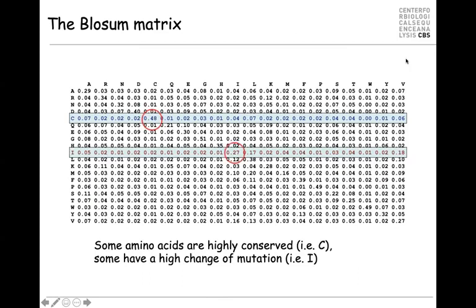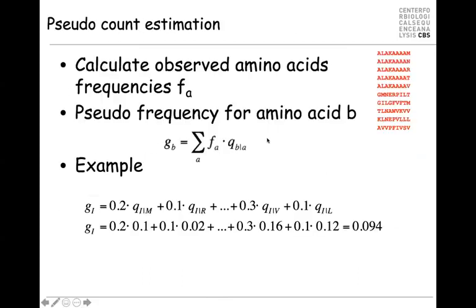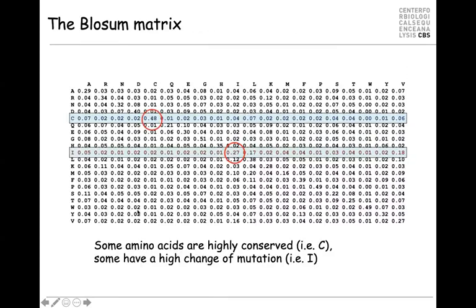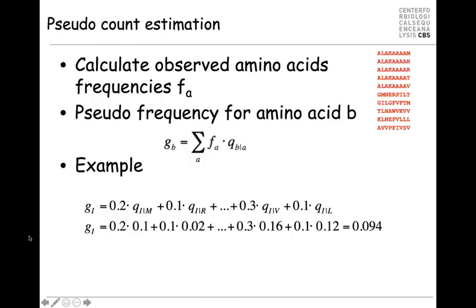So here what you have is the M, and what you're looking for is the I. So it's here 0.1. And you go on doing that for all the amino acids, and you add up and you get 0.94.